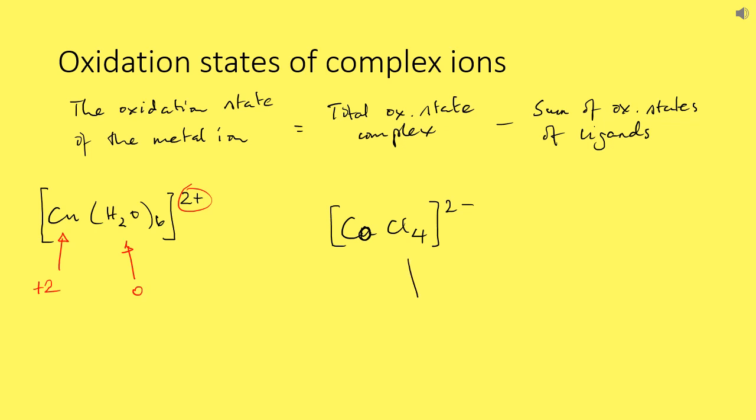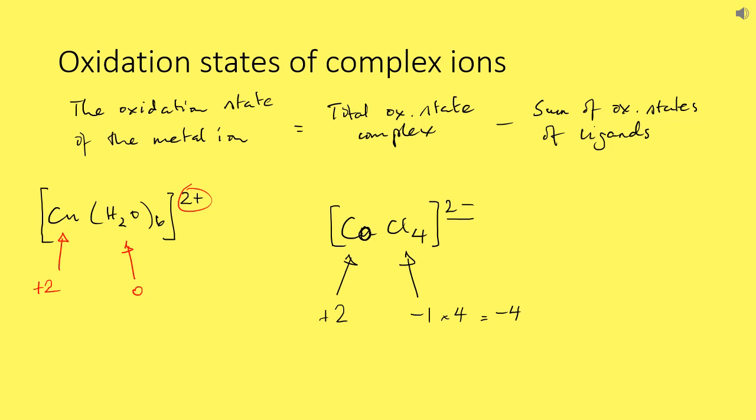As we know, a chloride has a -1 charge, but we've got 4 of them, so that's -4 altogether from the chlorides. The complex has a -2, so that means that the cobalt must be +2. +2 is the oxidation state of the cobalt in cobalt chloride.